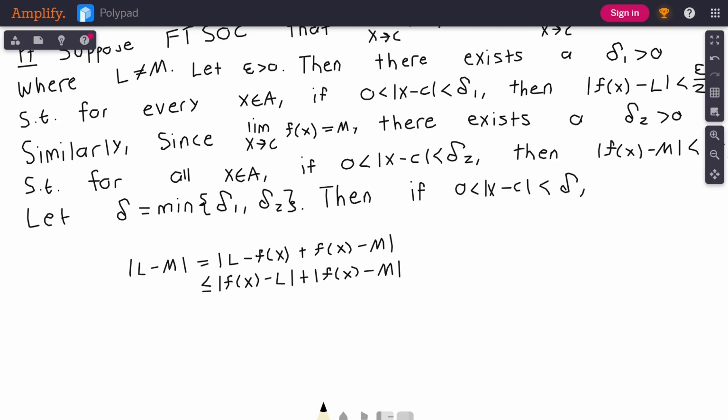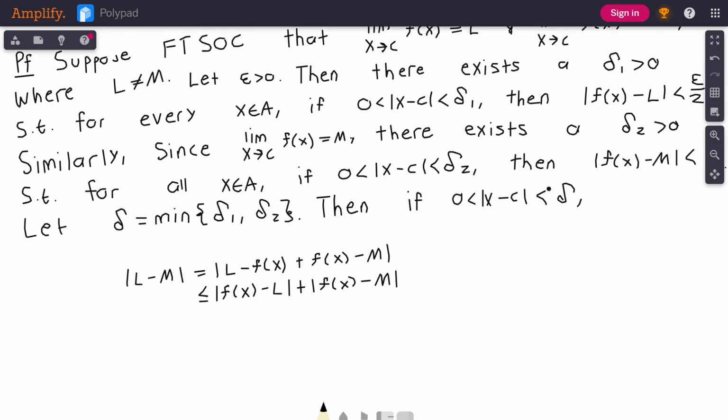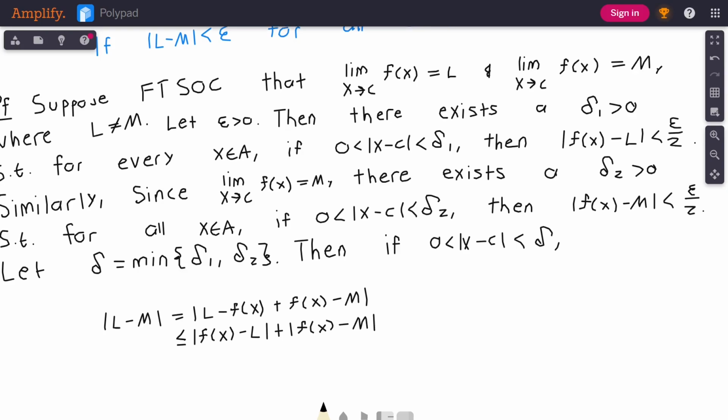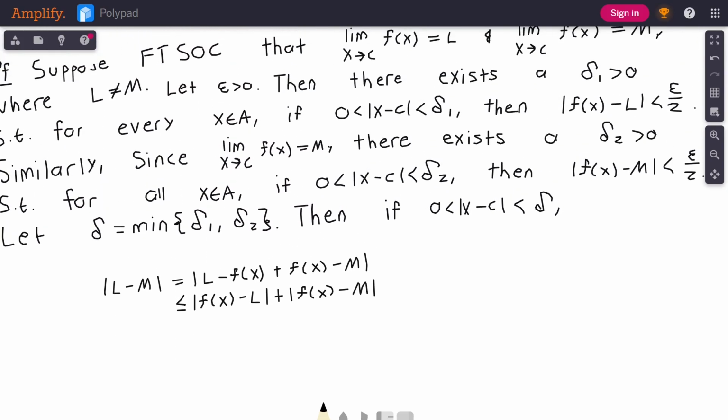Okay, and since x is inside this little delta neighborhood here, both of these things are true: f of x minus L is less than epsilon over 2, and similarly, f of x minus m is less than epsilon over 2.